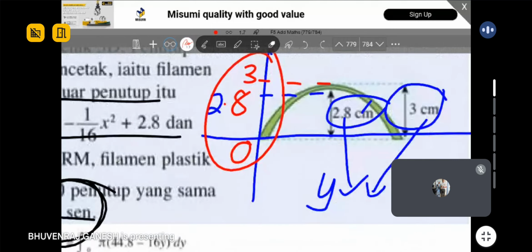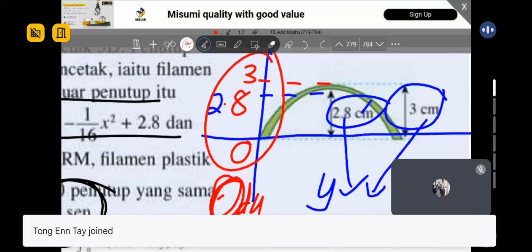Okay? So guys, when you integrate towards the y-axis, what is the symbol we use? We will use dy. Correct? And then, apa ungkapan kat sini guys? Dalam formula kita untuk cari isi padu. What is our expression when we integrate towards dy for volume? What is the thing in the center? Anyone remember?